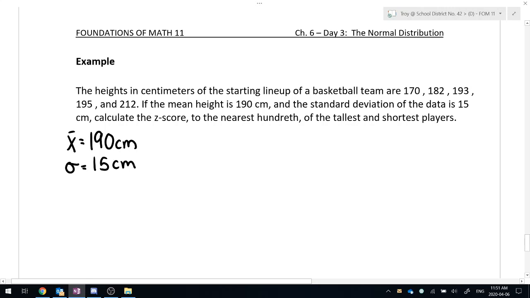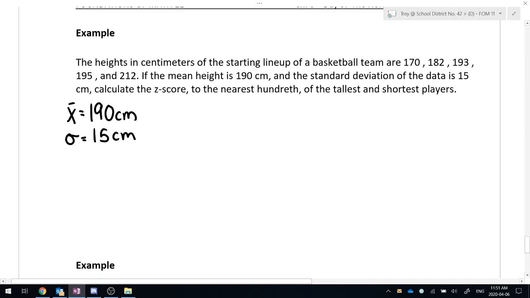Calculate the z-score to the nearest hundredth of the tallest and the shortest players. Those are two separate x values. We'll do x_S for shortest, and x_T for tallest. The height of the shortest player is right here, 170, so that's x_S.